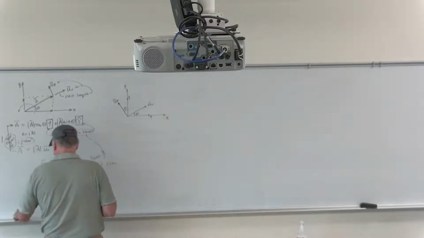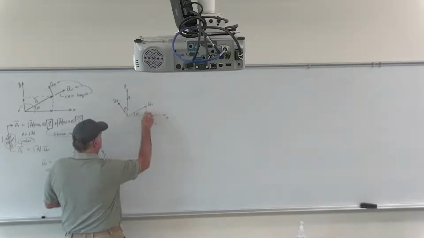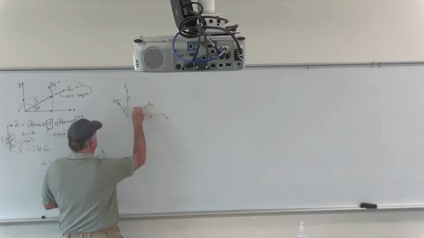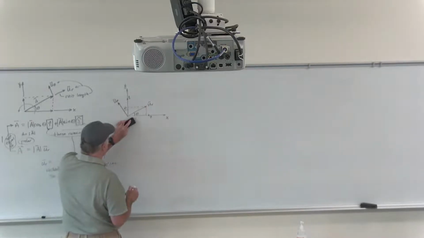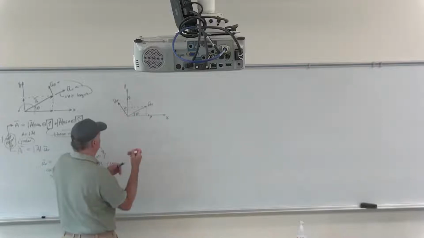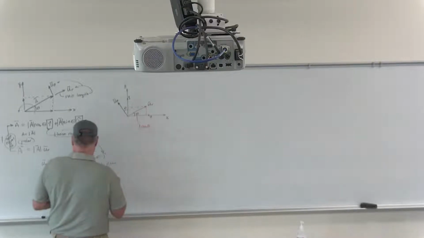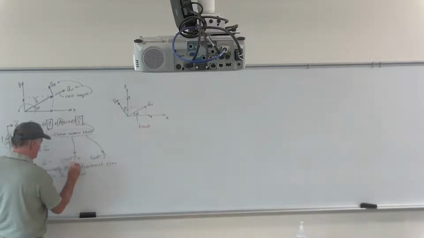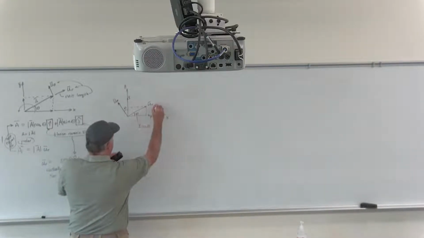Now, what I can do is this, and what you find out is, I'll move this one to that one. So this length right here is 1 cosine theta times I. And the reason it's 1 is because this vector length is 1.